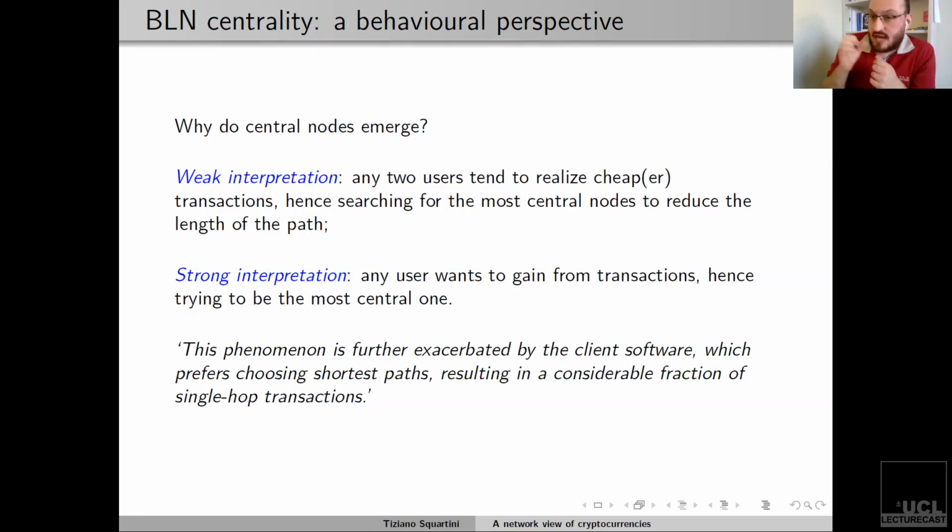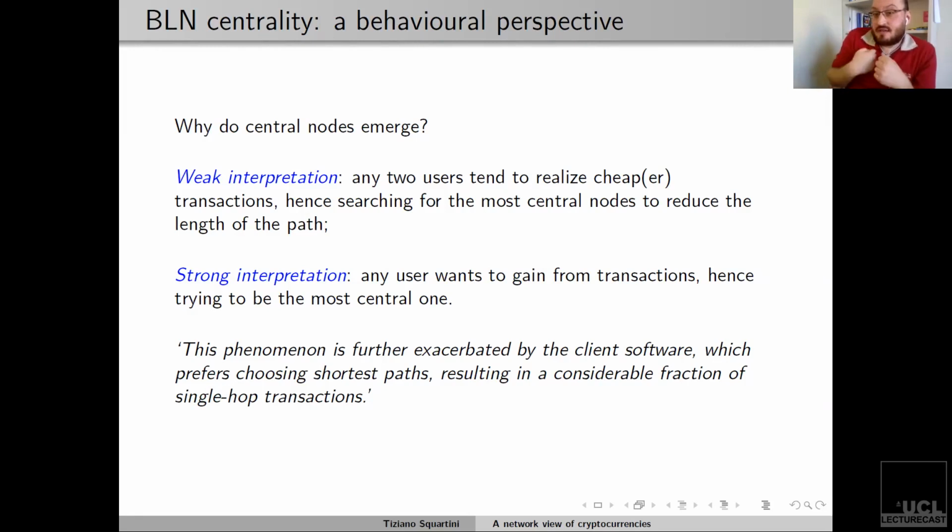Why do these hubs form? Because users, when they want to pay, want to exchange money, they have to choose a path. Now, the longer the path, the more expensive it is, because the nodes in the middle of the path gain some fee for letting your money pass.